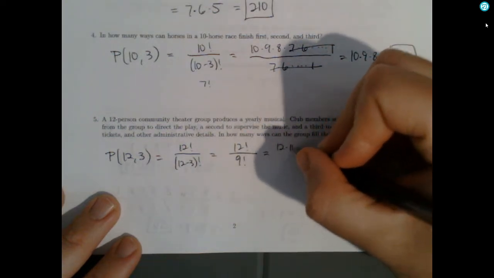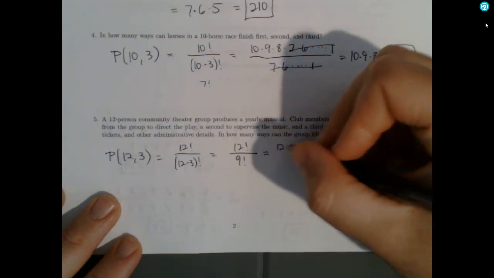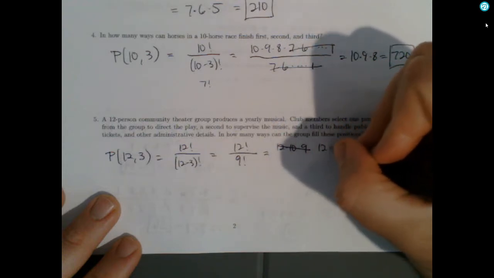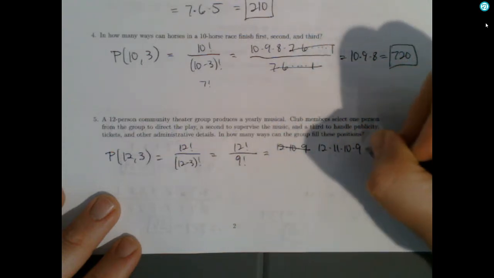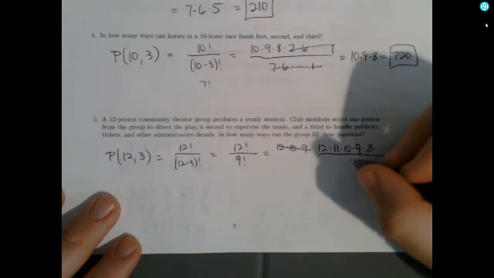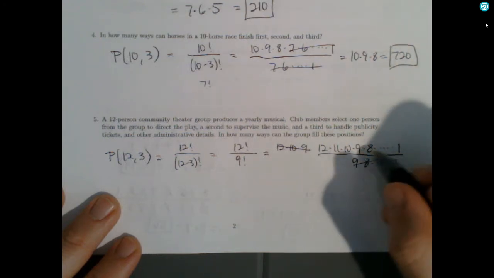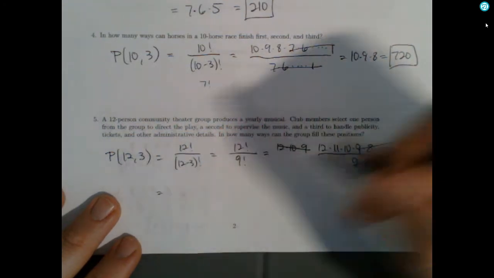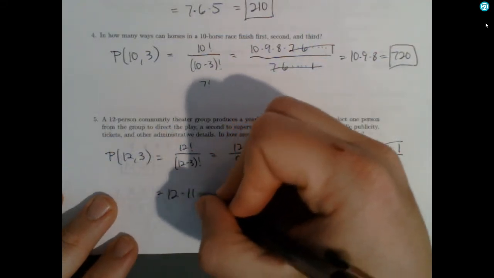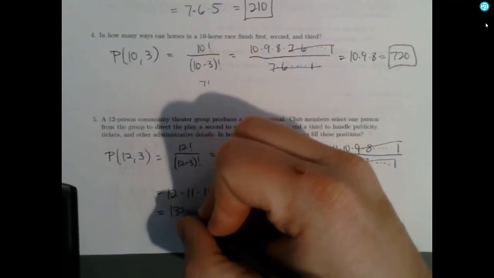So 12 times 11 times 10 times 9 times 8 and so forth, divided by 9 factorial. And those will cancel. So we'll get 12 times 11 times 10, which is 1,320.